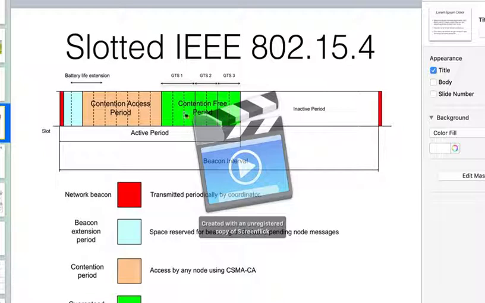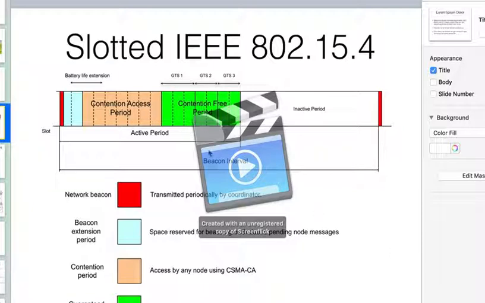In CFP, or contention free period, the coordinator controls the channel access by giving a guaranteed time slot, or GTS, to each node which requests. But in CAP, or contention access period, the slotted CSMA allows each node to access the channel using CSMA CA algorithms.